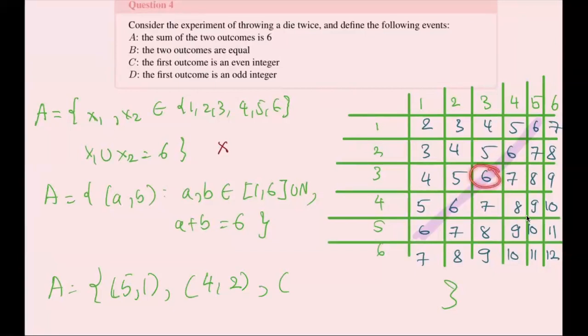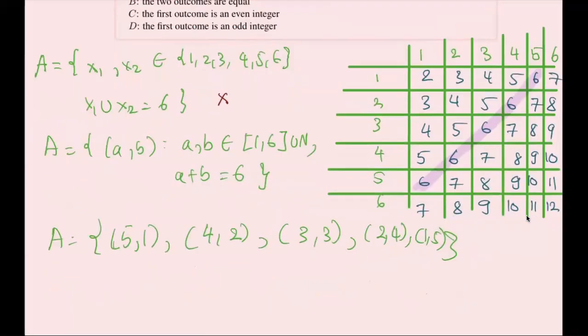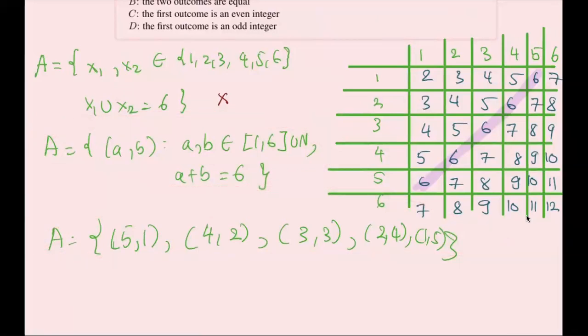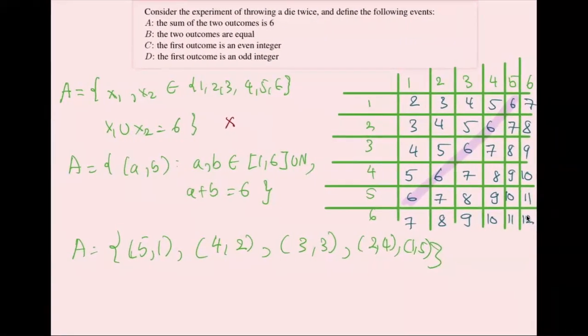This corresponds to first row 3 and second row 3. I will write that down. Then I have 2 and 4 and then 1 and 5. Okay. This is another way to write down the set A. You can use this or this. They are both correct. Does this make sense?